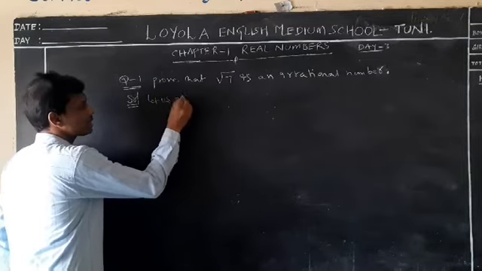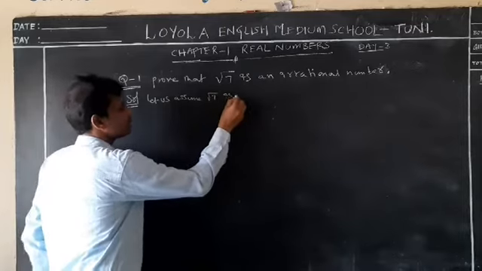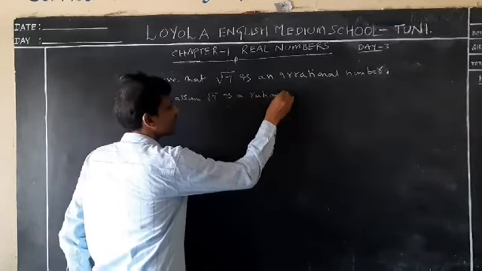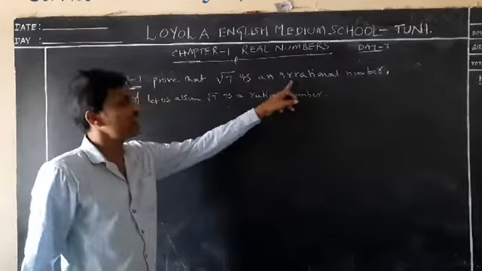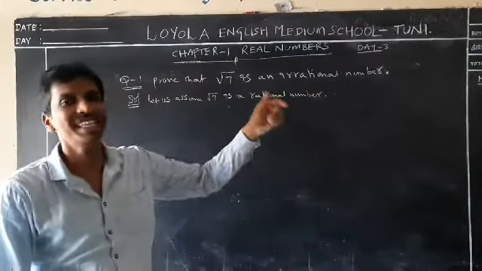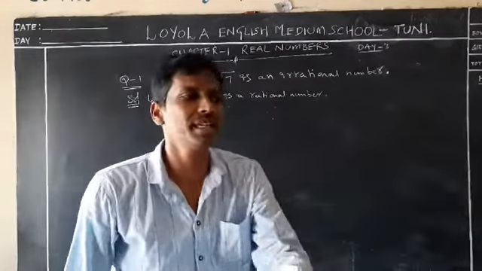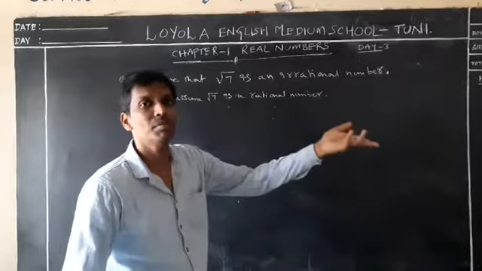Let us assume root 7 is a rational number. Actually, what are we asked to prove? We are asked to prove that root 7 is an irrational number. So blindly we have to assume that root 7 is a rational number.